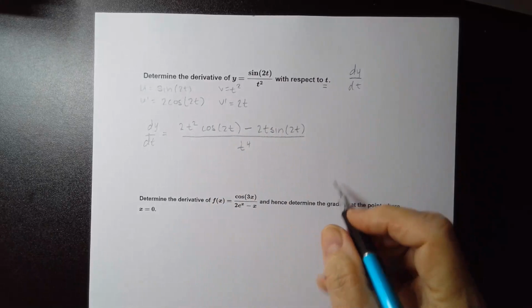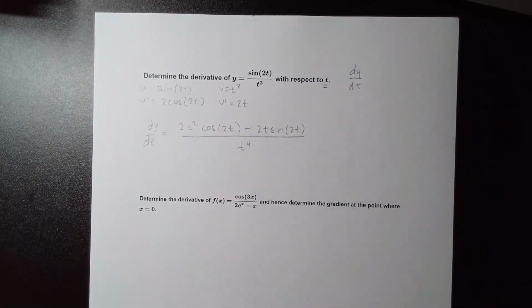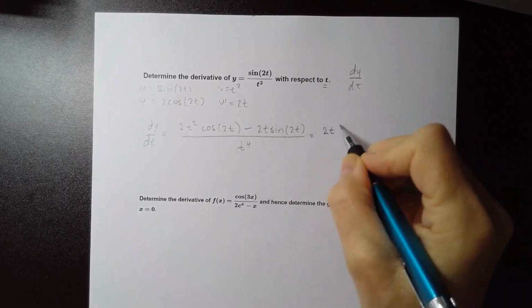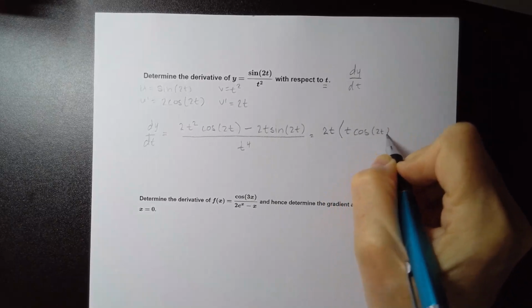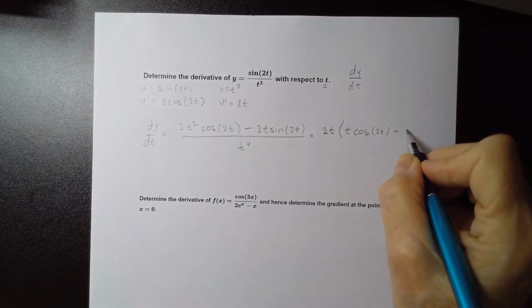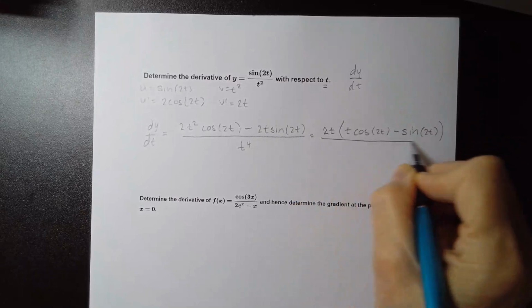And my guess is that they'd say, well, they both have a 2 in common and a t in common. So I might factorize that out and get 2t times (t cos 2t minus sine 2t). I don't know if they did this or not, I didn't really look at it, but my guess is this is what they would simplify it to.